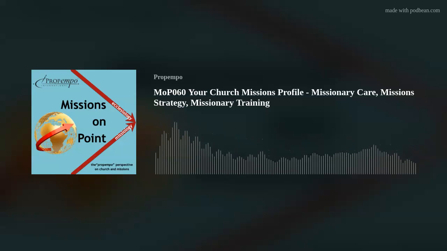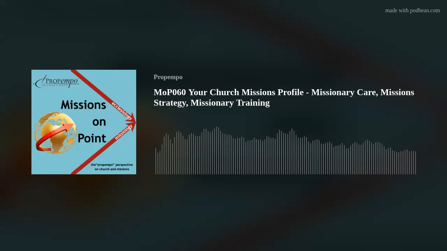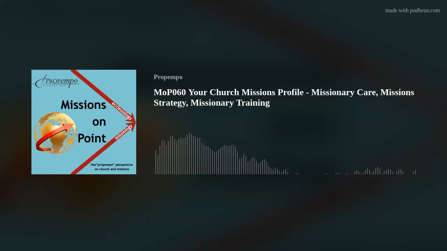This may include everything from how missions is perceived, accepted, and acted on among the church body at large, but it also includes field ministries and what those goals are, and it assumes that the church actually knows what the goals and plans of their individual missionaries and ministries they support are, so that they can enter into that and become a part of fulfilling those plans and goals.